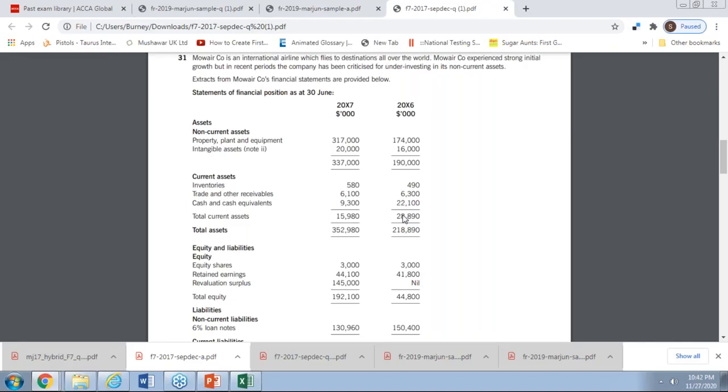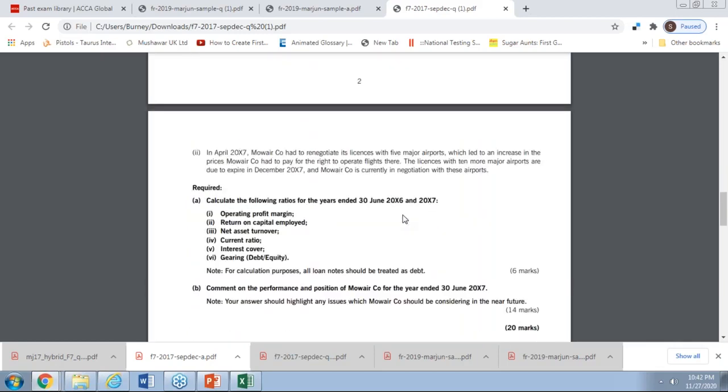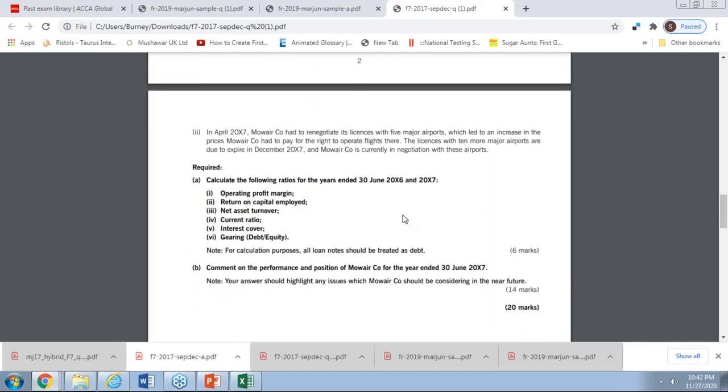And simultaneously it is a service industry, so there will be no cost of goods sold, and the gross profit figure will be irrelevant here. Usually students ask me what to do if the question does not tell us which ratios to calculate. I normally suggest these 6 to 7 ratios to calculate if the question does not specify which ratios to calculate.